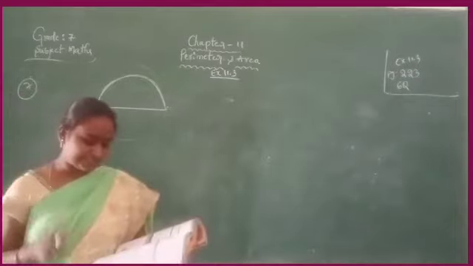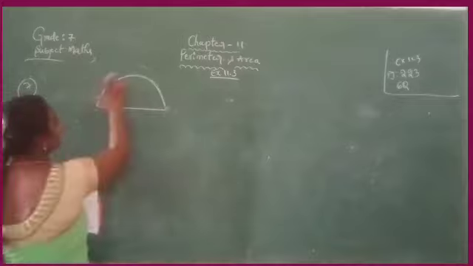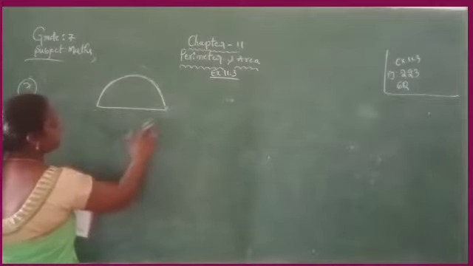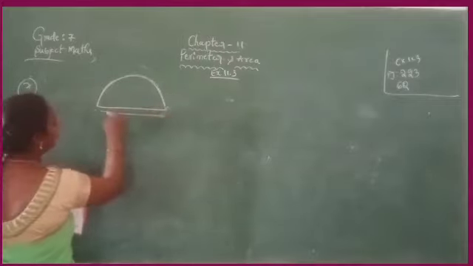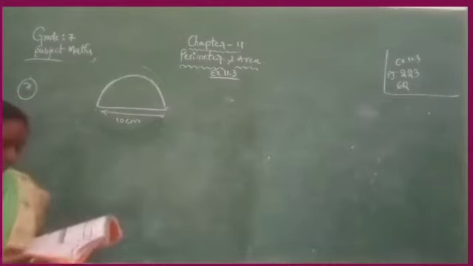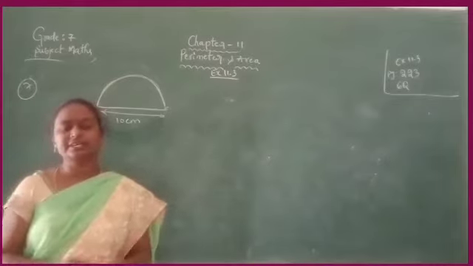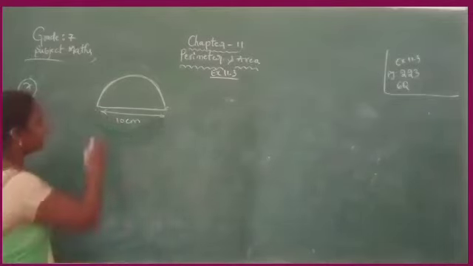So here semicircle given. Find the perimeter. You have to find the perimeter of this semicircle, and the diameter is 10 centimeter. Diameter is 10 centimeter.